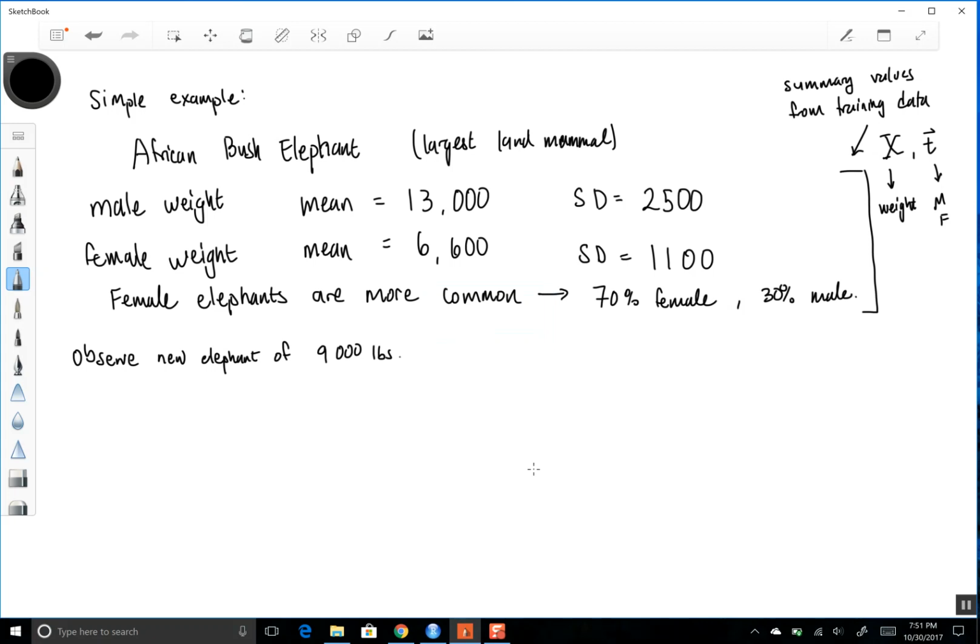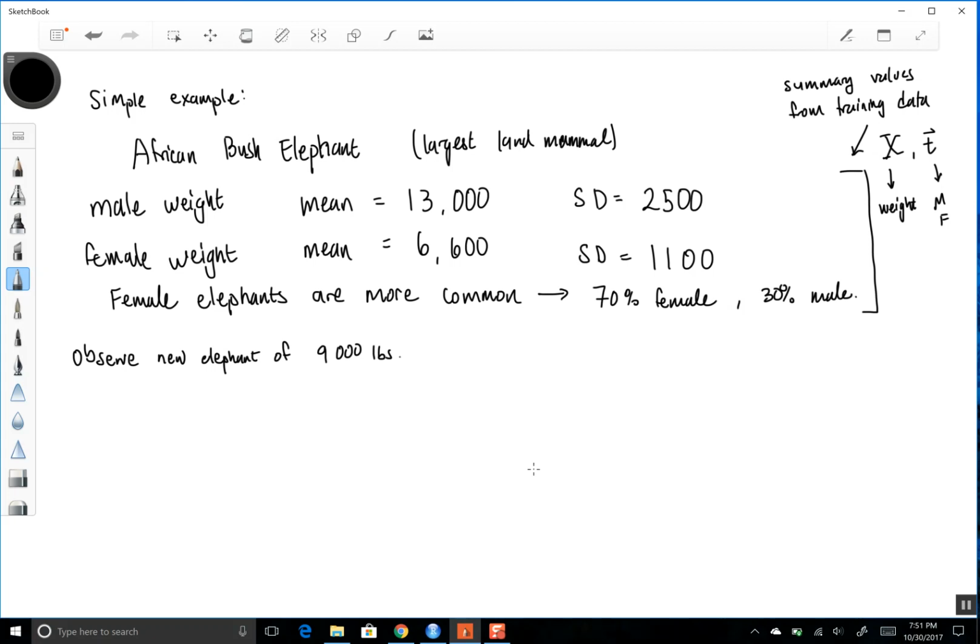Before I even tell you that the new elephant weighs a certain amount, if I just said I'm going to pick an elephant at random, or we get a new elephant here, what would your guess be for the probability that it is female with no information about the size of the elephant? You would guess 70% female, right?